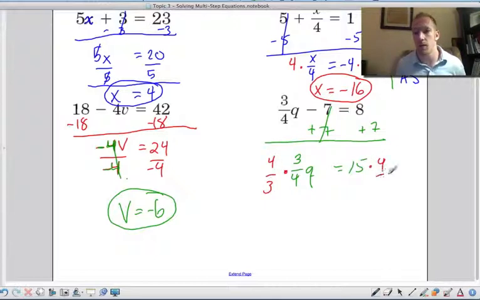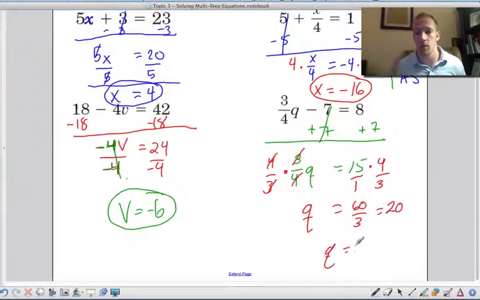So I do that on both sides. So 4 over 4 reduces, 3 over 3 reduces, so I have just a q equals, this is like a 15 over 1. So when I multiply fractions, I multiply the tops, I get 15 times 4 is 60. Multiply the bottoms, and I get 1 times 3 is 3. And 60 divided by 3 equals 20.